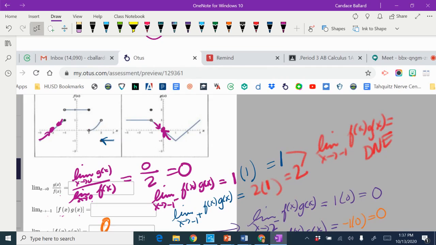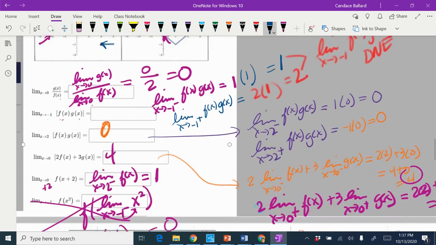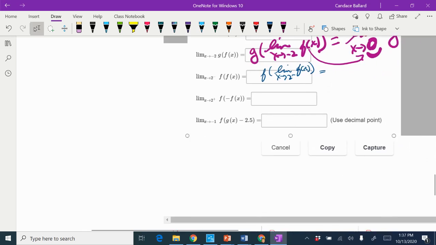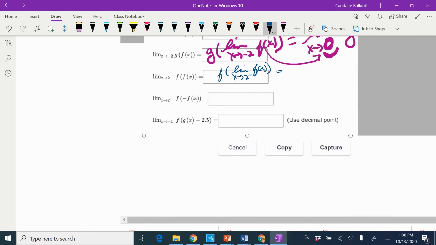Sorry, I was looking at the wrong side, wasn't I? 2 from the left side is definitely approaching +1. So that means I know that the limit as x approaches 2 from the left of f of x equals 1.